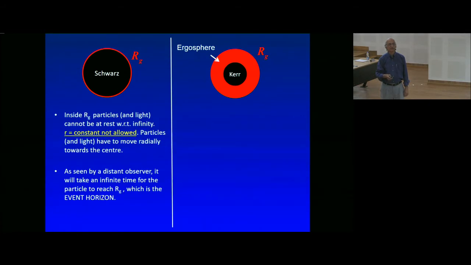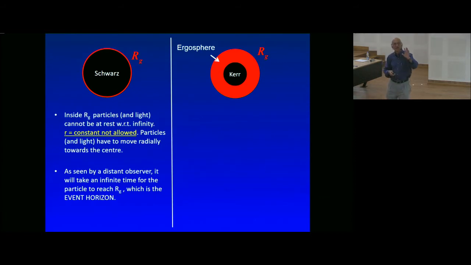We saw that in the Lemaitre coordinates. r equal to constant is not allowed. Particles and light have to move radially towards the central singularity. And the second feature, which we saw yesterday, is that as seen by a distant observer, it will take an infinite time for the particle to reach the Schwarzschild radius, which in this case is also the event horizon.